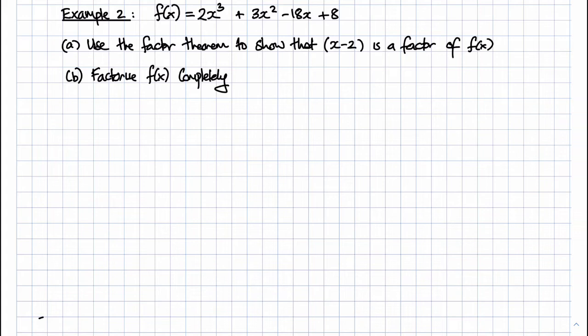So for part A, we need to demonstrate that x minus 2 is a factor of f(x). To show that x minus 2 is a factor of f(x), we need to substitute a value for x into our polynomial. So what is the value for x that we will substitute into our polynomial, given that we're told x minus 2 is a factor?